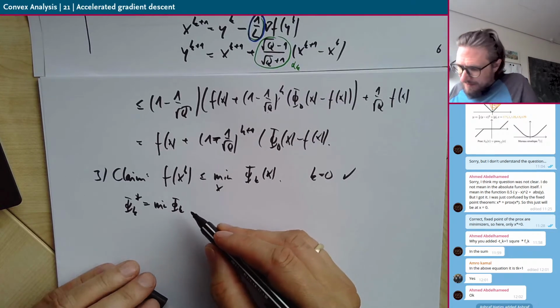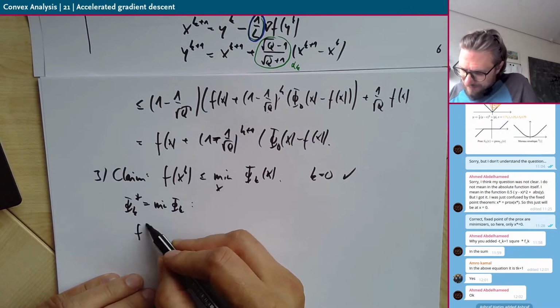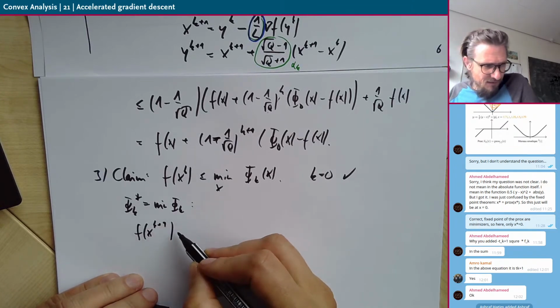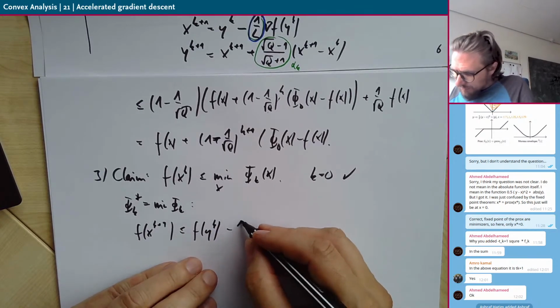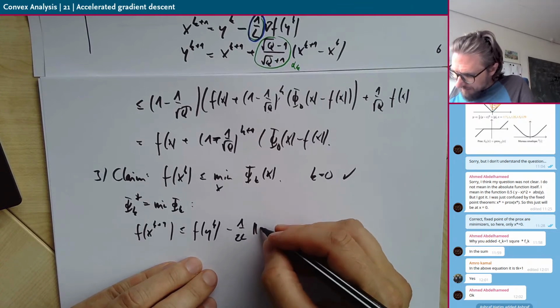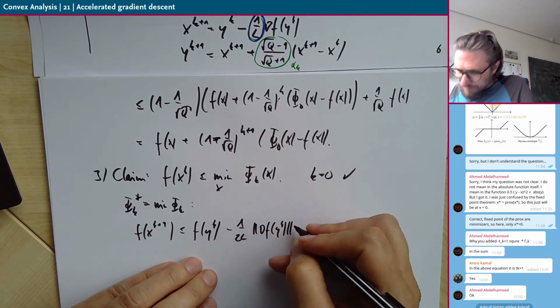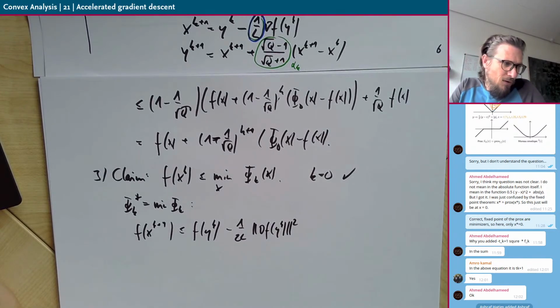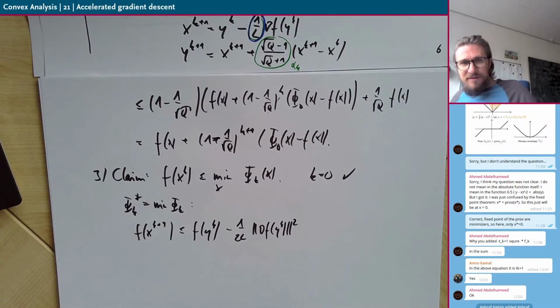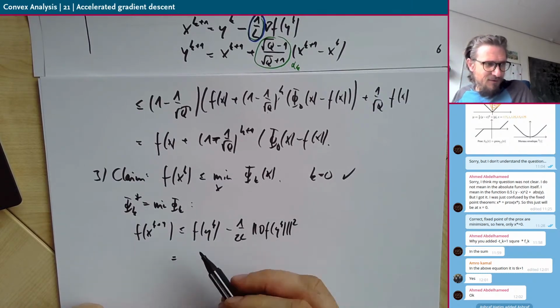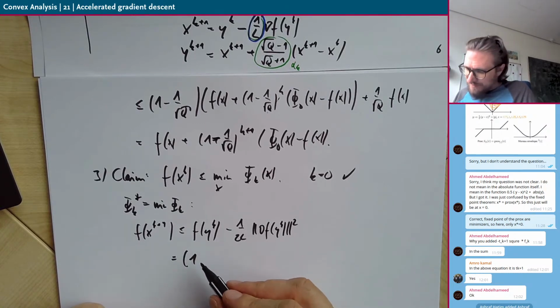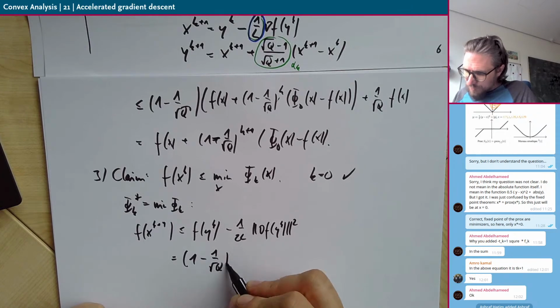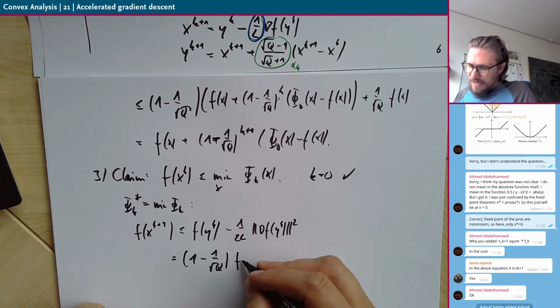Okay, and then we get f of xk plus 1 is smaller or equal than the gradient step from y, minus 1 over 2L gradient f of yk. Now we just throw in things and cancel them again. We add and subtract a few things to write this as 1 minus 1 over square root of q times f of xk.